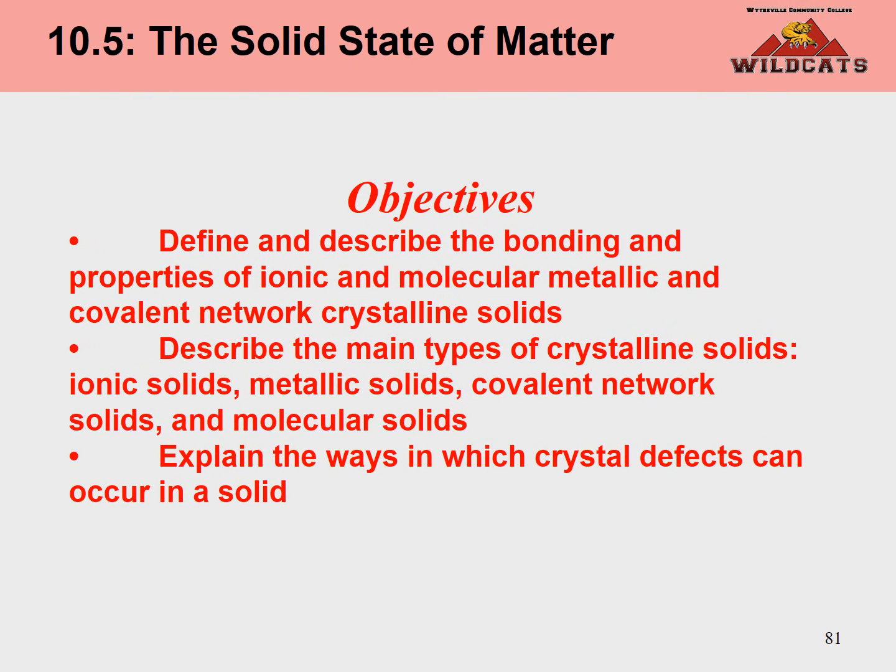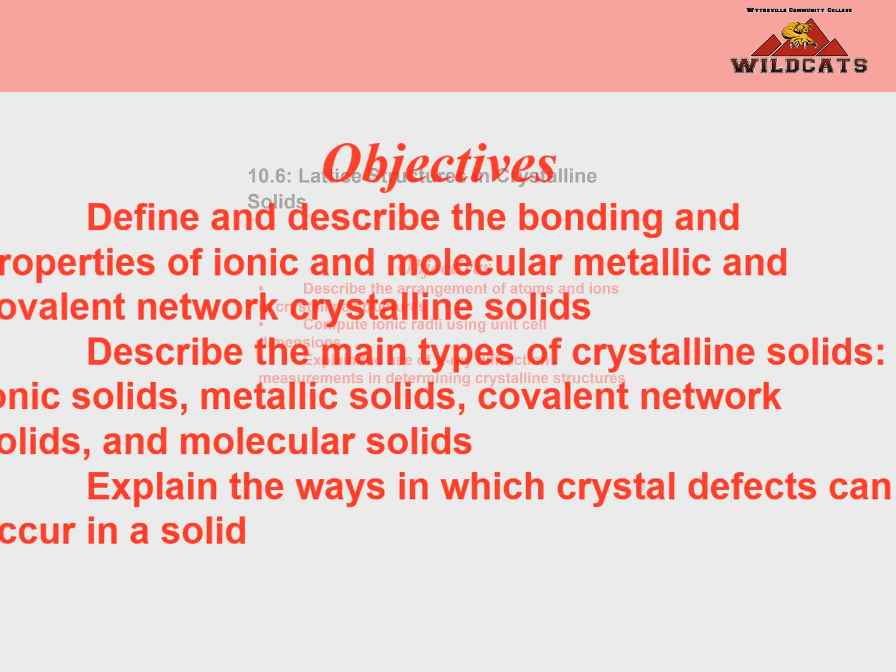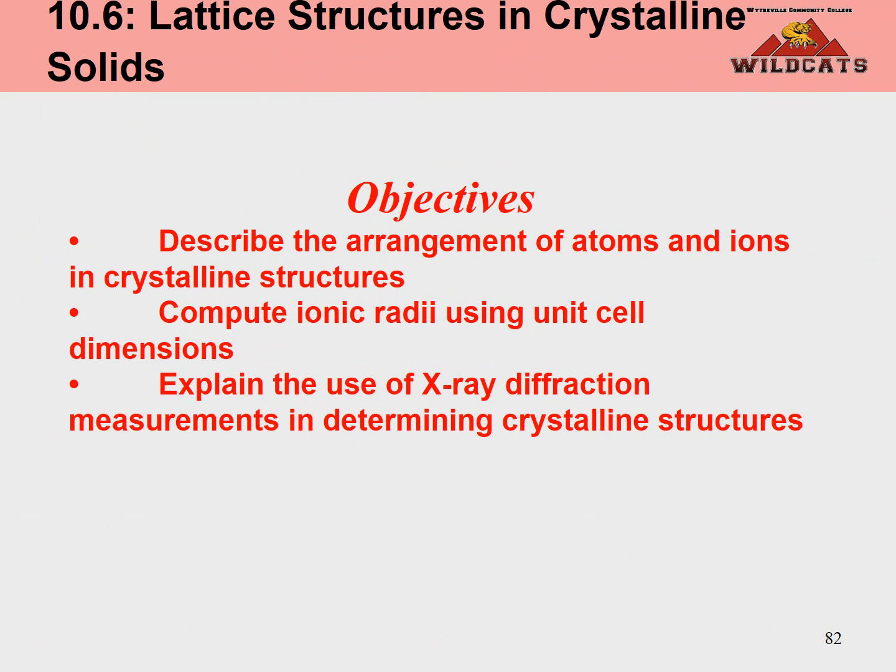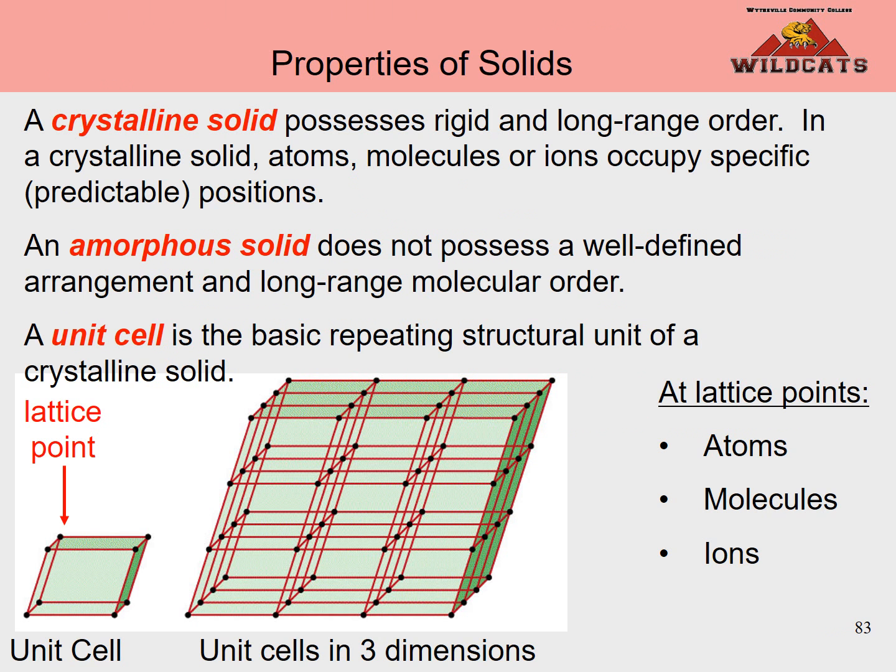What we're going to do is combine sections 10.5 and 10.6 together to finish out Chem 111. And so when we take a look at solids, solids are either crystalline or amorphous. Crystalline solids are rigid, and an amorphous solid is not as well defined, and it melts over a range of temperatures.